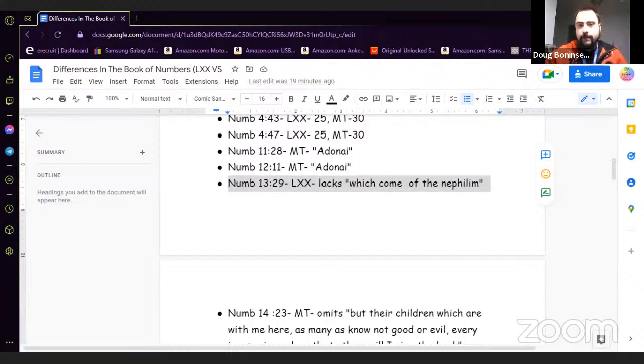But I would have to say I like the fact that the Masoretic text actually literally has it there. So this is one instance where I would actually agree with the Masoretic text. And there's other ones that have it worded like that. You have the Targum on Kalos that also says "which come of the giants."